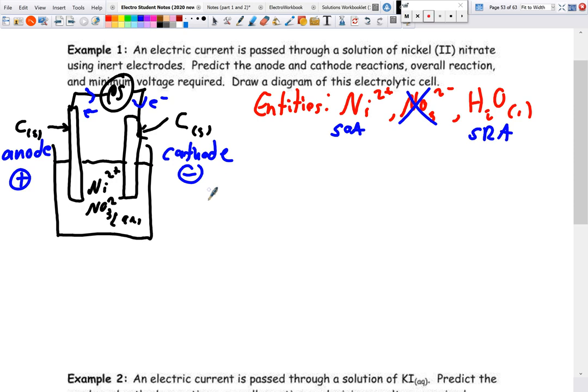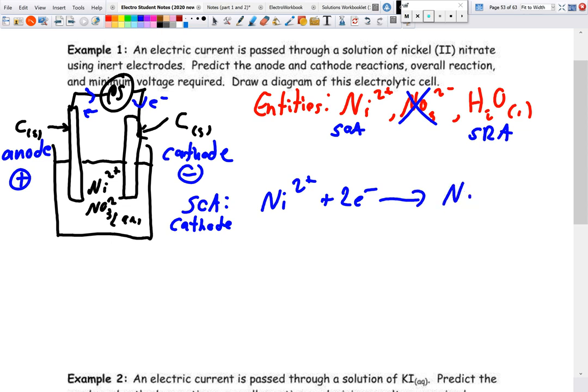So our strongest oxidizing agent, remember, is reduction. Reduction happens at our cathode. So we have nickel 2 plus plus 2 electrons producing nickel solid. Now our strongest reducing agent, in this case, for this reaction at our anode, is water.